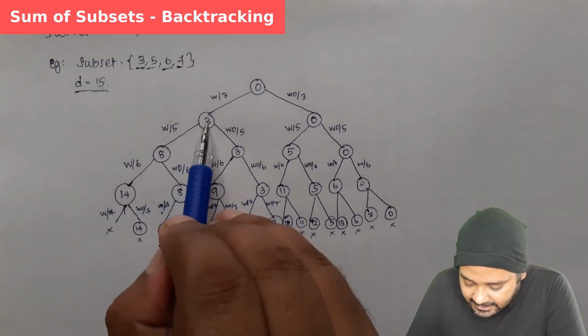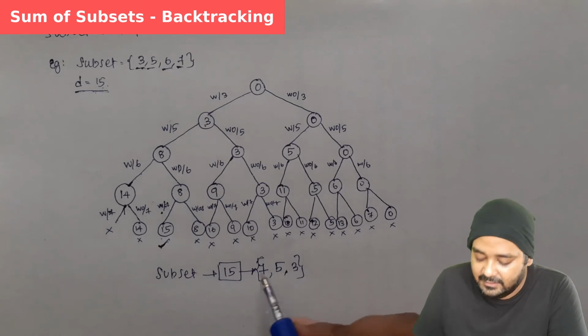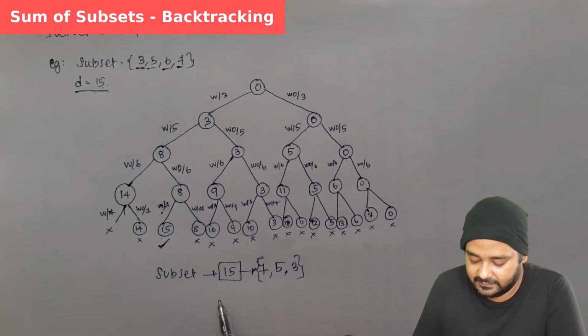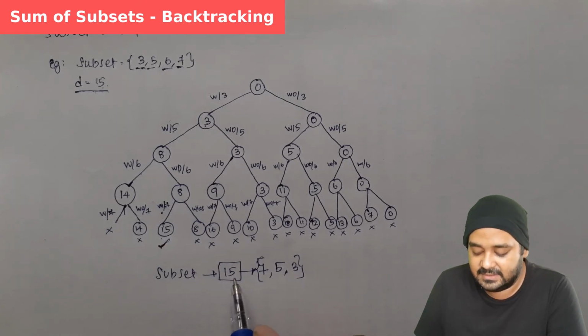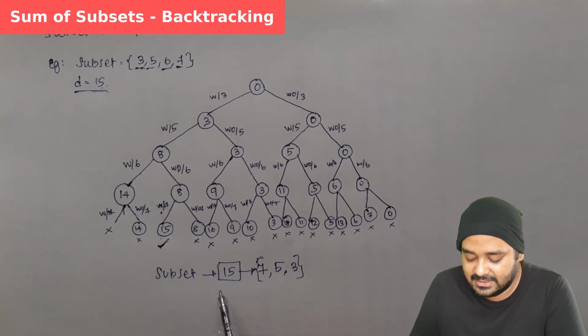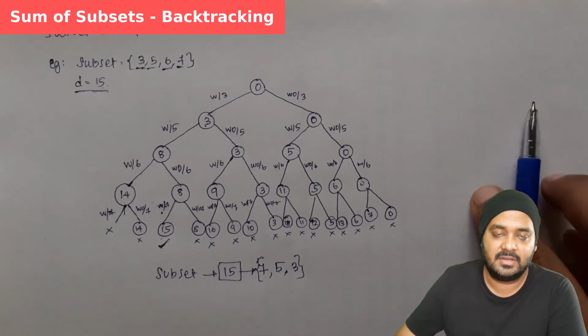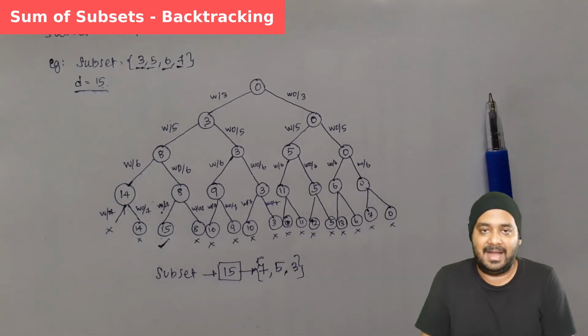The next element with 3, I'm taking 3. So this is the subset which we have obtained for reaching our 15. Okay, so for reaching our answer 15, we have to include 7, 5 and 3 such a way that the sum of subset is achieved. So this is how you solve the sum of subset problem with the help of a backtracking approach.